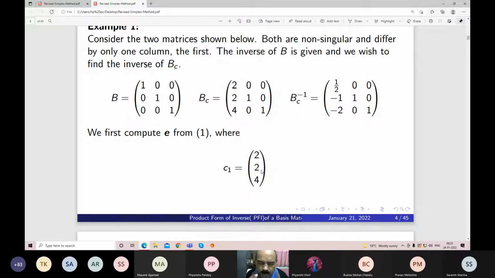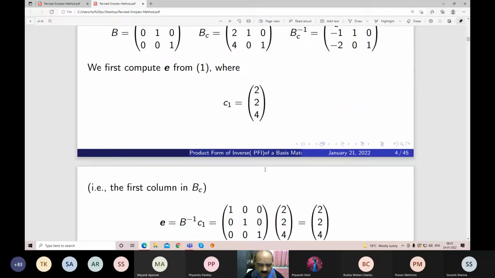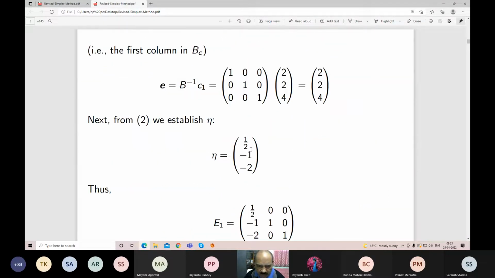So if the first element is our P, in the next table the P will be 1 by P, and the other elements you divide by P. Same thing here we are doing. So that you remember. So eta we have got.